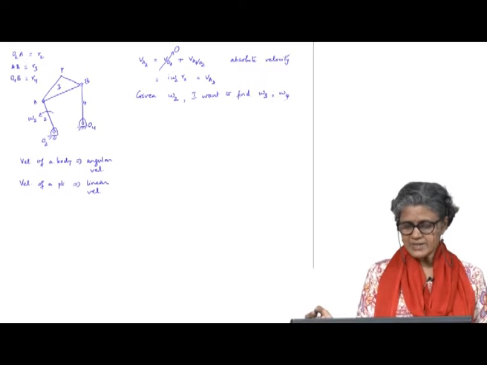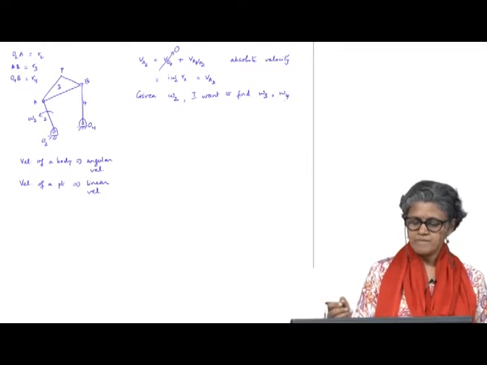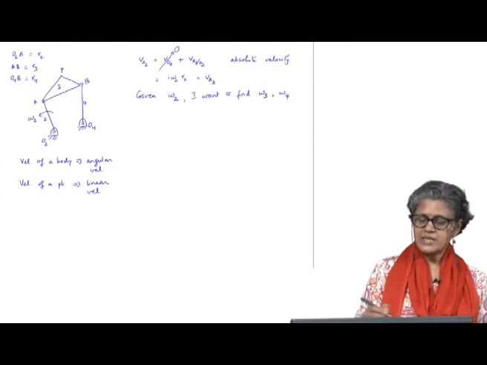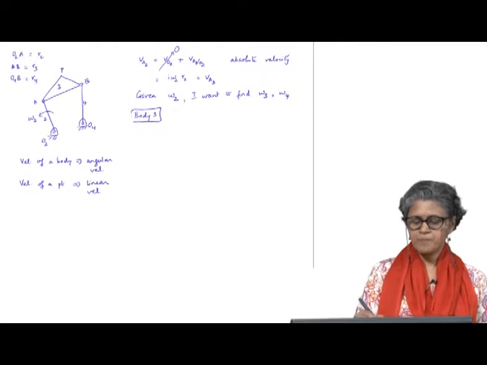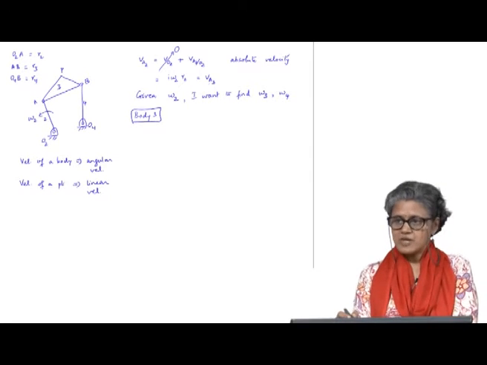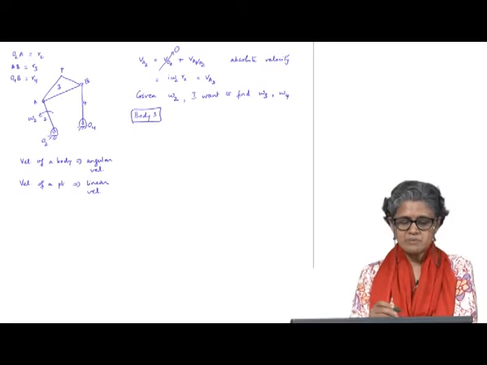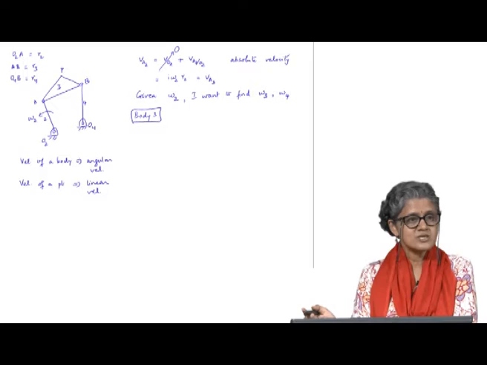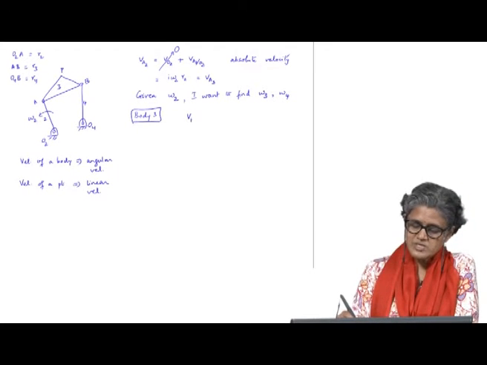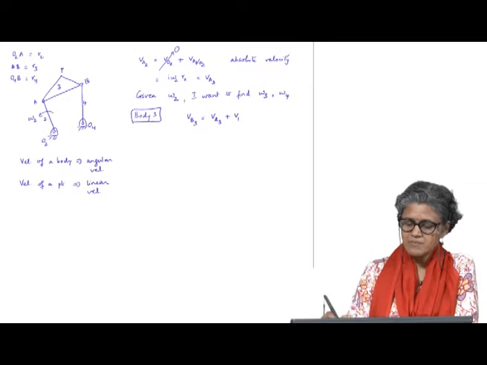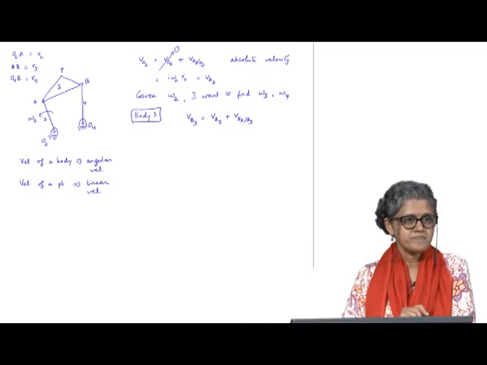Now, if I look at body 3, I know the velocity of A on body 3. So, let me see if I can relate it to the velocity of B on body 3. I can write the velocity of B on body 3 as VB3 equals VA3 plus VB3 with respect to A3.